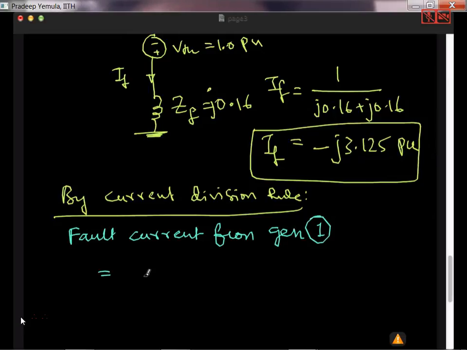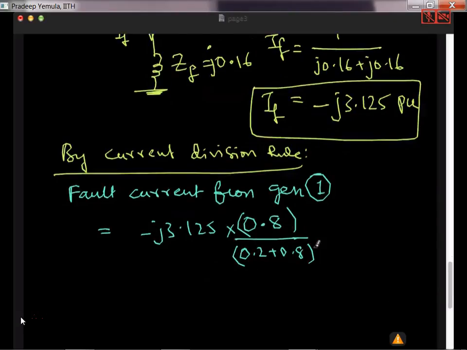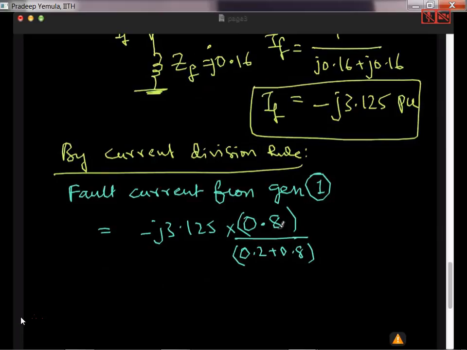is nothing but minus j3.125 multiplied by 0.8 divided by 0.2 plus 0.8. So why am I doing like this? This is just a current division principle. So j I can ignore because it will just anyway cancel. 0.8 is the impedance of the opposite branch and then 0.2 is the impedance of the branch in which you want to calculate the current.